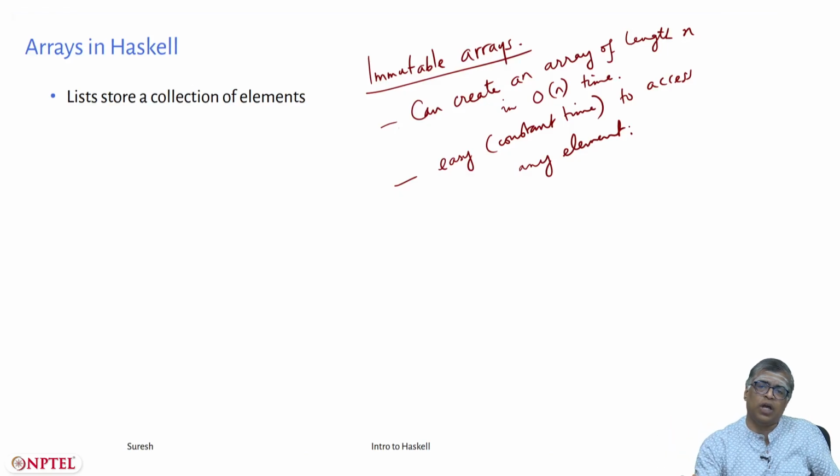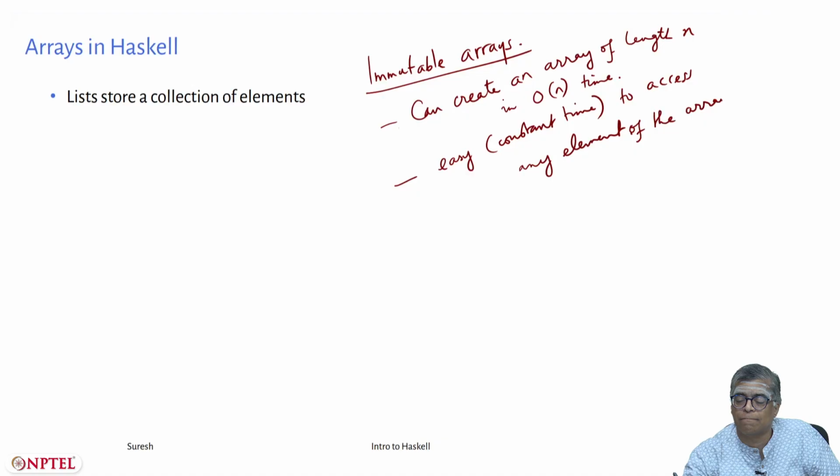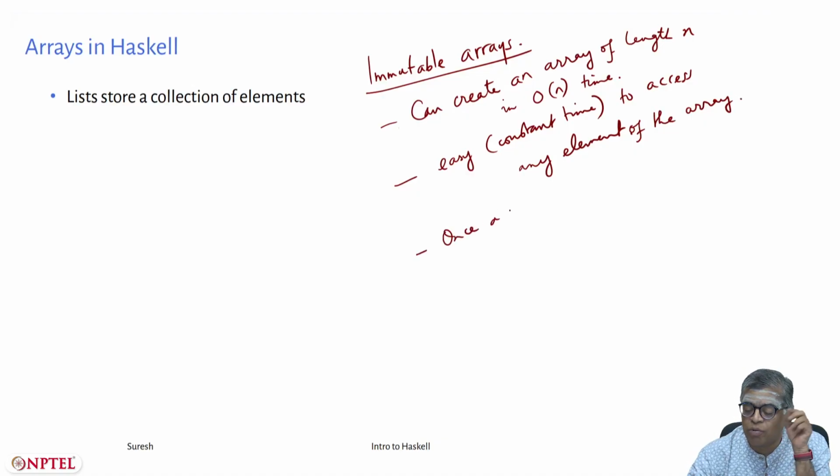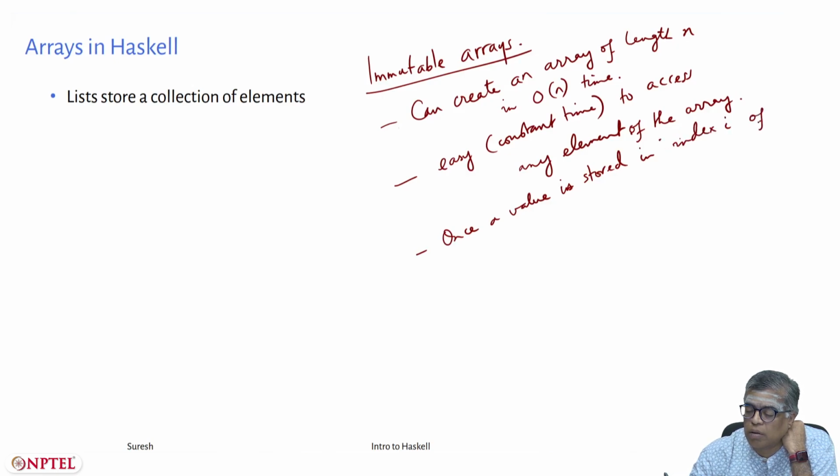Constant time to access any element of the array. Once a value is stored in the array, it is costly to change it. Costly means order n time.